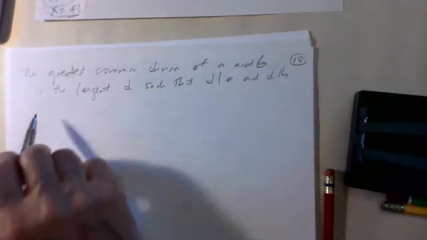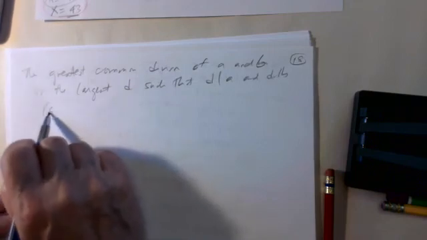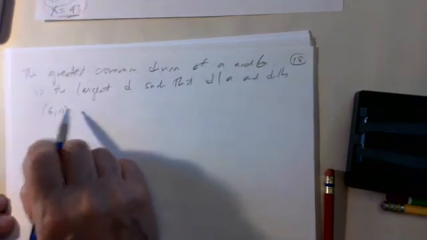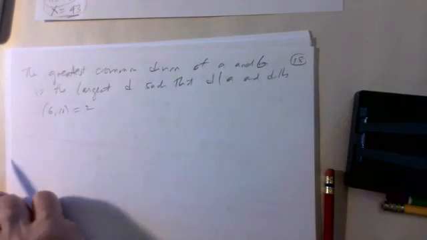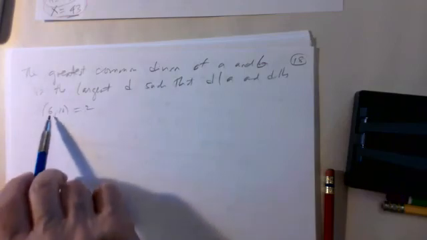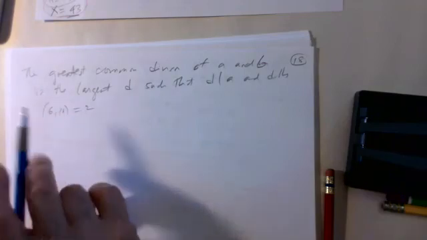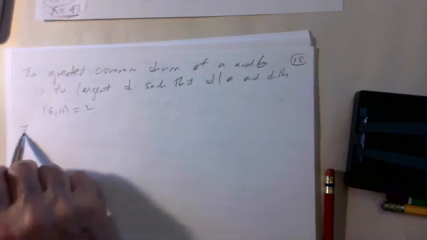So for example, the greatest common divisor of 6 and 10 is 2. 2 divides both those numbers and no larger integer does.